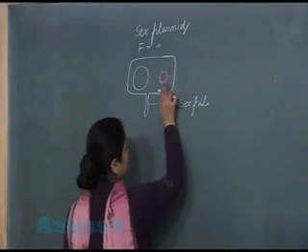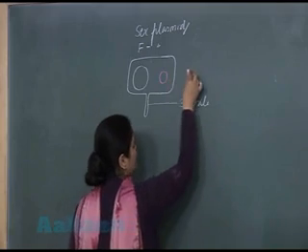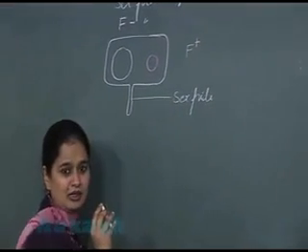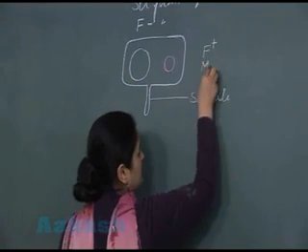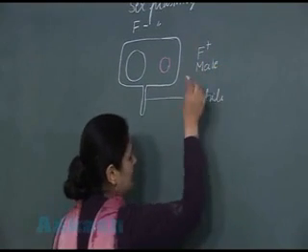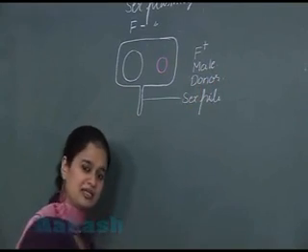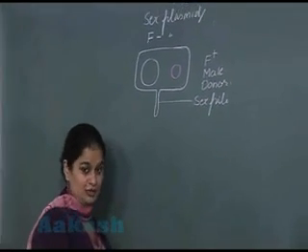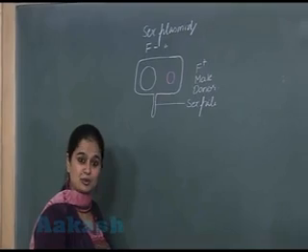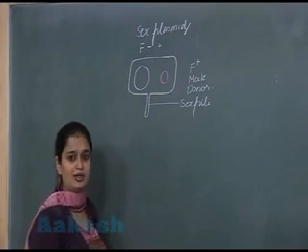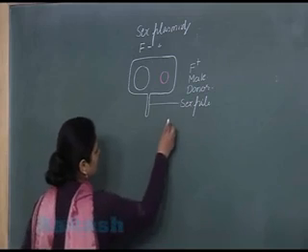The bacteria which contains F plasmid is known as F plus bacteria. Another name is male bacteria, or donor bacteria. So the bacteria having F plasmid is F plus male or donor bacteria.